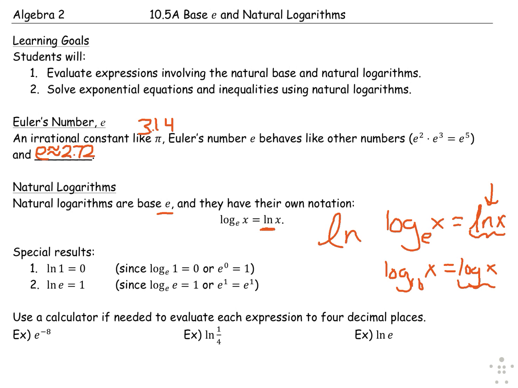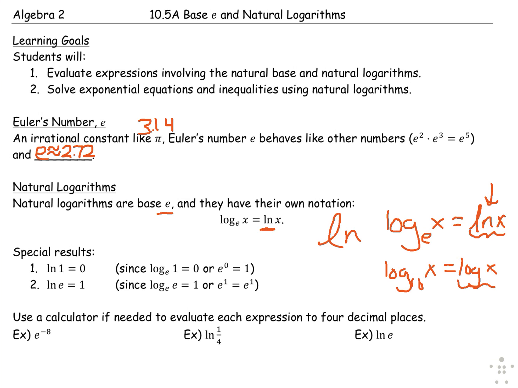So if you look down here under special results, the natural log of 1 is equal to 0. And here I explain why. So the ln, by definition up here, is really just log base e. And that's a numerical constant, about 2.72. So what do you raise any non-zero number by to get 1? 0.